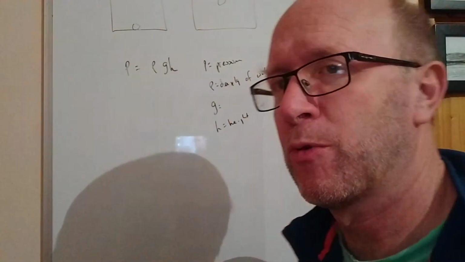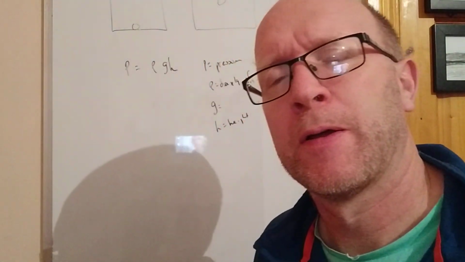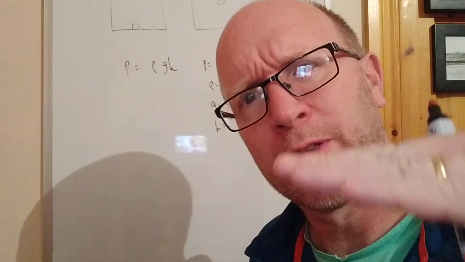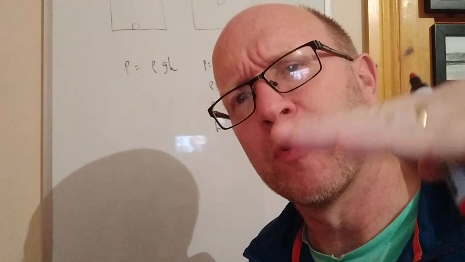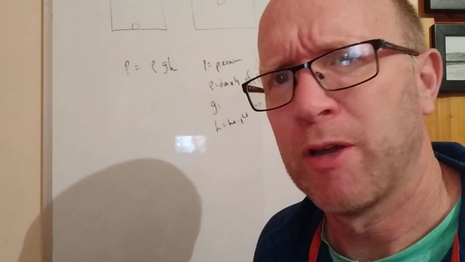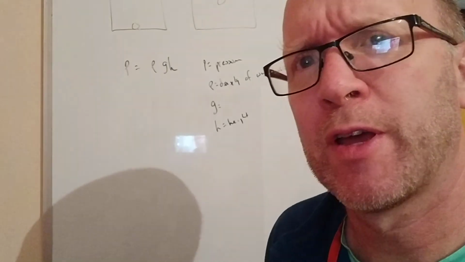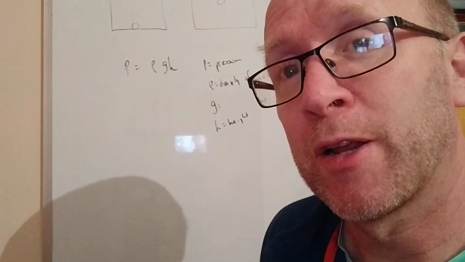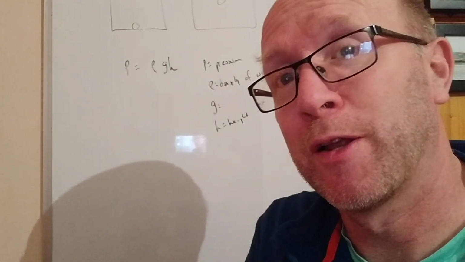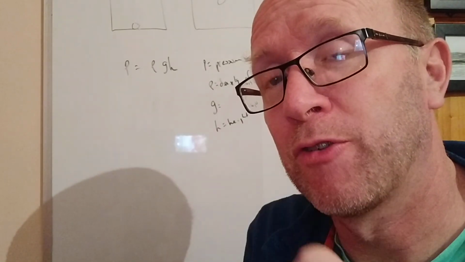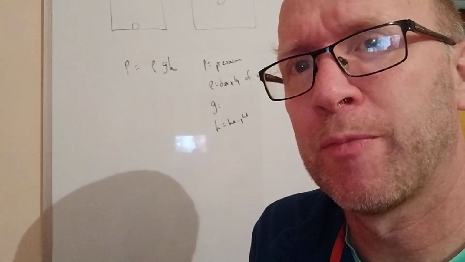P is rho g h. It's to do with the difference in the forces between the bottom and the top of the body. We could cut through the maths, but we're not going to do it, because it's not on this syllabus. But be able to do the calculation. There's going to be one calculation in our lesson now, and it'll just be a 30-second job. We'll look at that in a second. There you go. Very good.